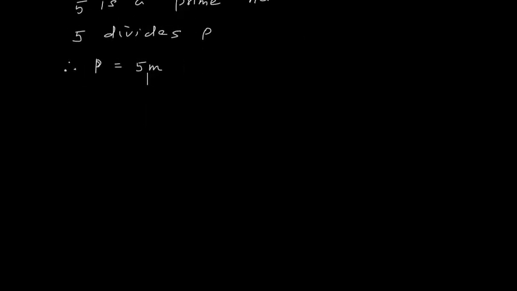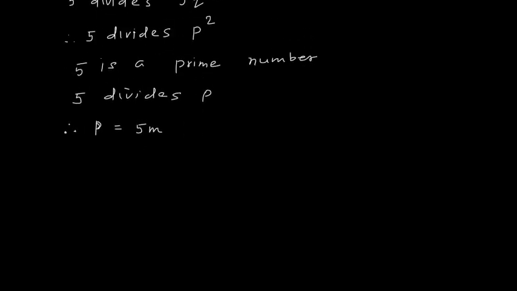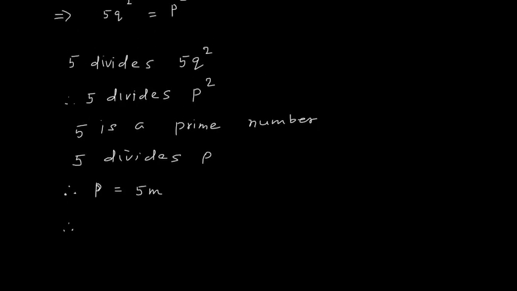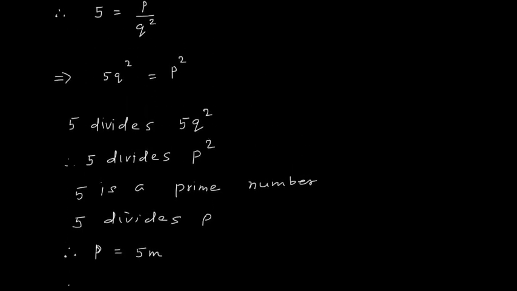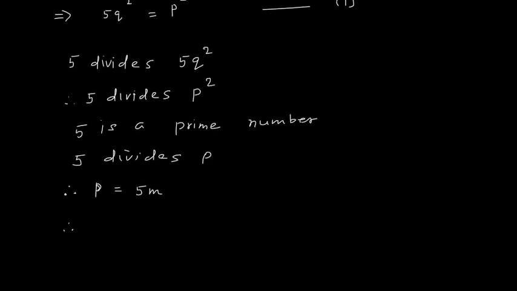Now p is equal to 5m, therefore I will use this 5m in the equation. Let us call this equation 1. So 5q square is equal to 5m the whole square, this is from 1.